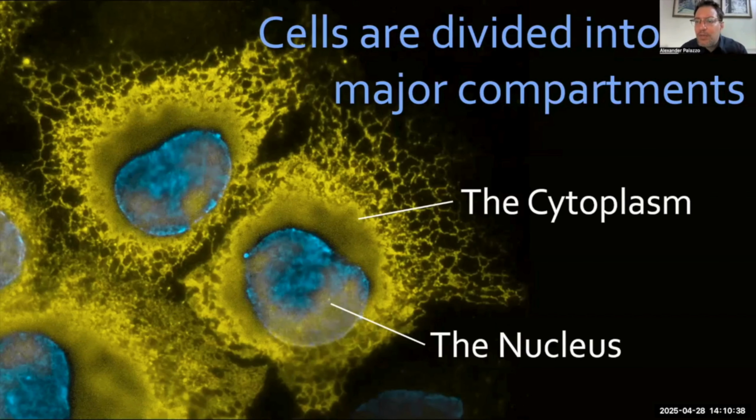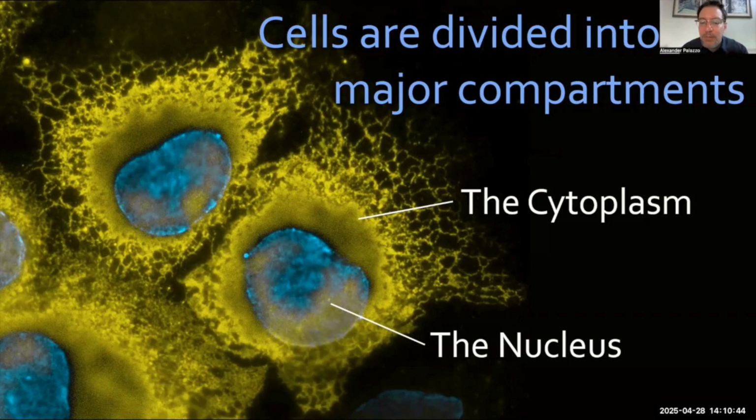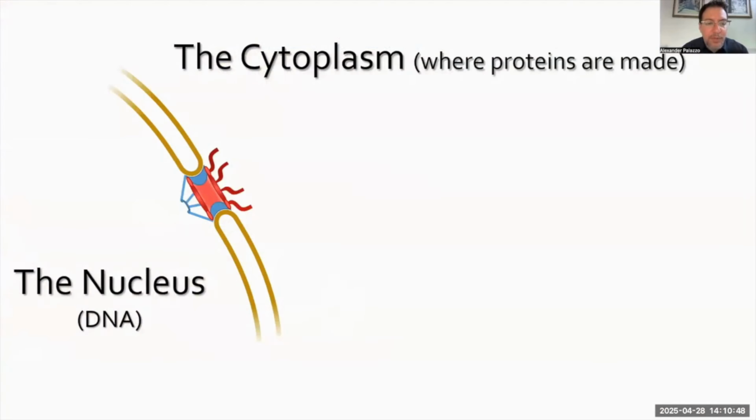I first wanted to comment that human cells are divided into two major compartments, the nucleus and the cytoplasm. If we zoom in here, the nucleus is where DNA is stored and the cytoplasm is where information from DNA is used to make proteins.